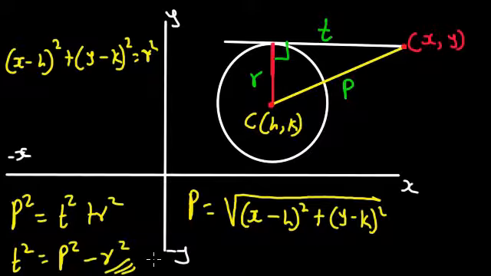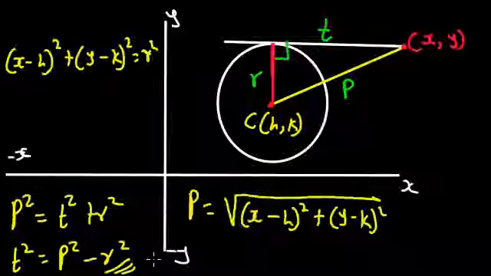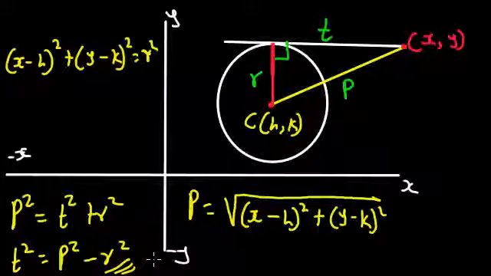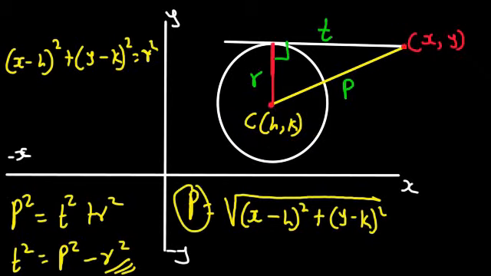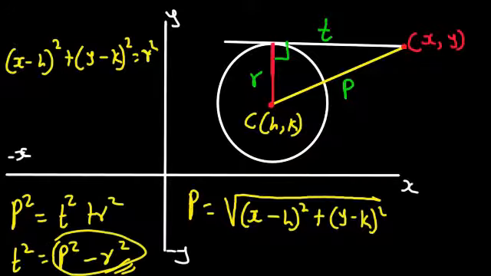And this is what you'll be putting into account whenever you want to find the length of a tangent line to a circle from an external point. First and foremost, find the radius of that circle. Secondly, the center of the circle. Now use the center of the circle and the external point given to you to find the value of p. Once you have p and you have your radius, square each of them, then find the difference between them.